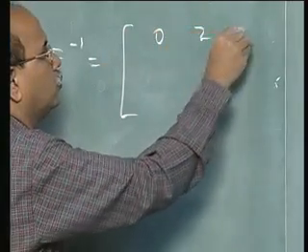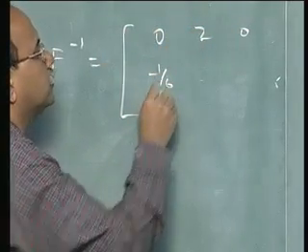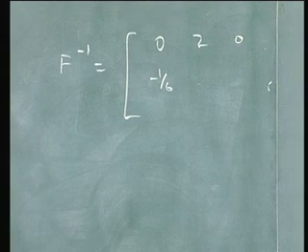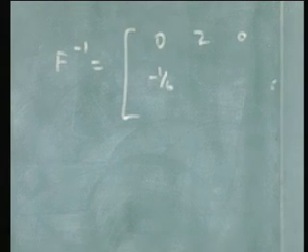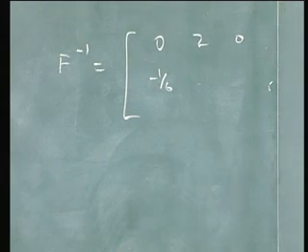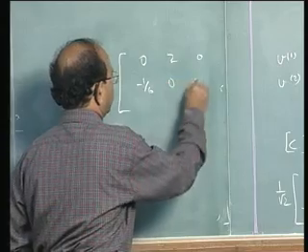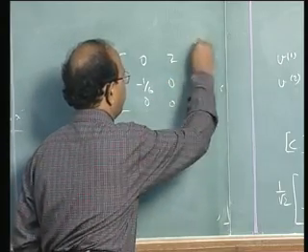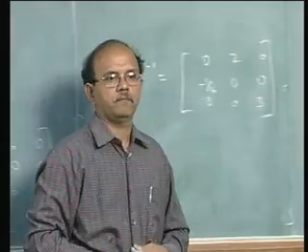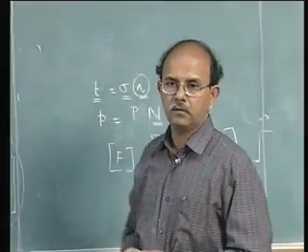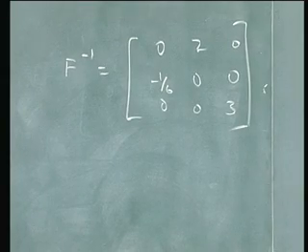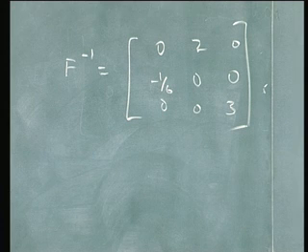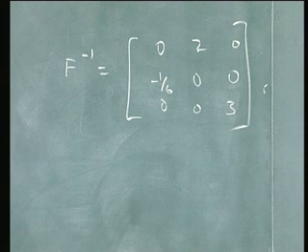Zero, 2, 0, minus 1 by 6, minus 1 by 6, 0, 0, 0, 0, 3. That is F inverse. Oh, this is F inverse transpose.